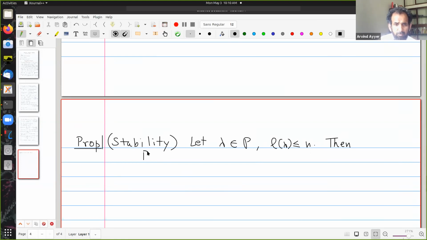Then, if I take P lambda in n plus 1 variables and set the last one to be 0, then I get the same as P lambda in n variables, x. Okay. So, again, I'm not proving this, but this is not hard to see from the definition. So maybe I'll leave it as an exercise. Use the definition.